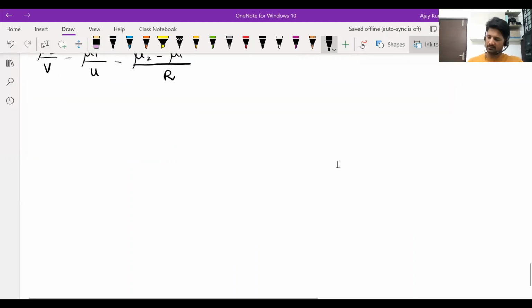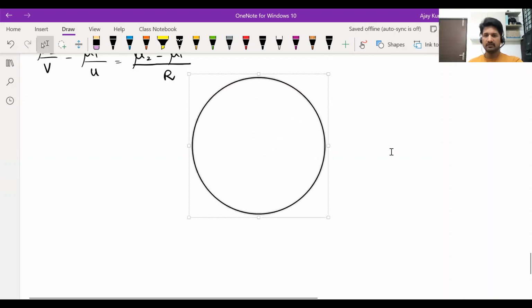I don't know why, but many students find this difficult to recollect. See, suppose there is a small circle like this. Its radius will be small. If radius is small, curvature is more. Okay. And as the radius increases, curvature decreases.